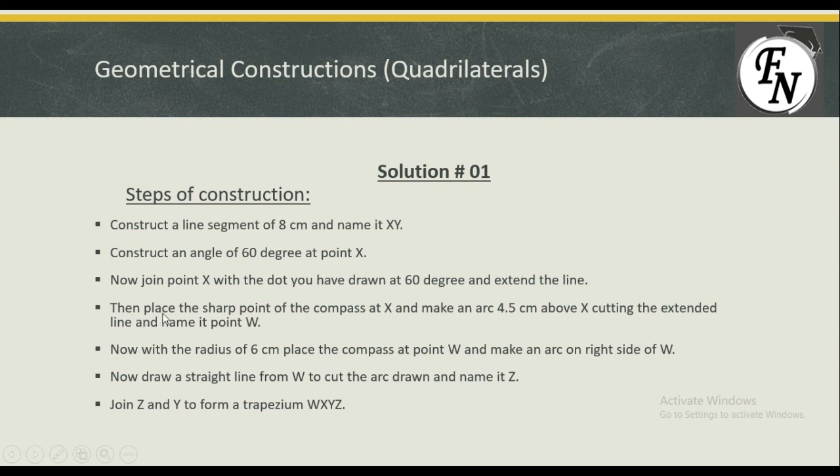After that we will place the sharp point of the compass at X and mark an arc of 4.5 centimeters above X, cutting that previously extended line, and we will name the intersection W. After that we will set the radius to 6 centimeters, place the compass at point W and make an arc on the right side of W. Then we will join W and Z. After that we will obtain our trapezium WXYZ.